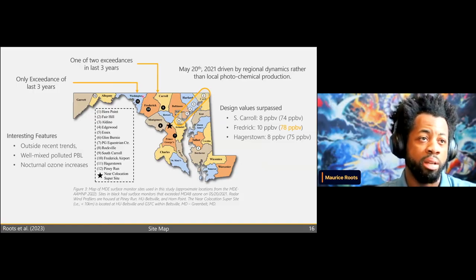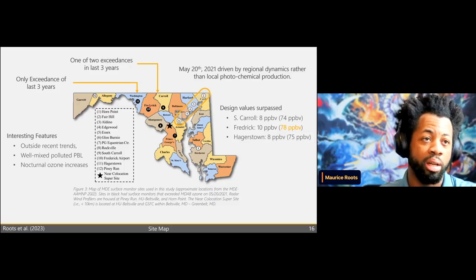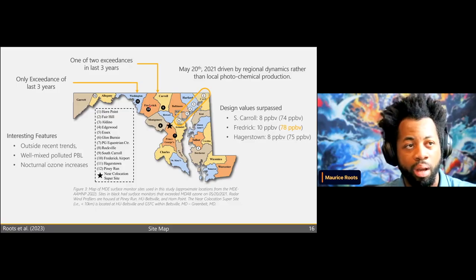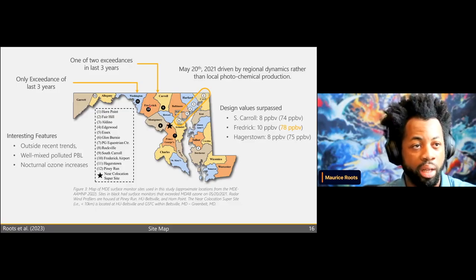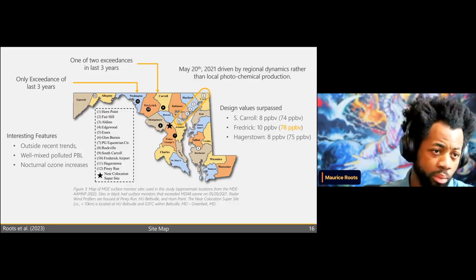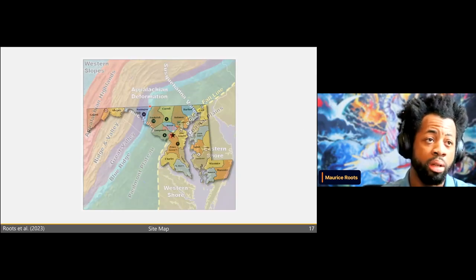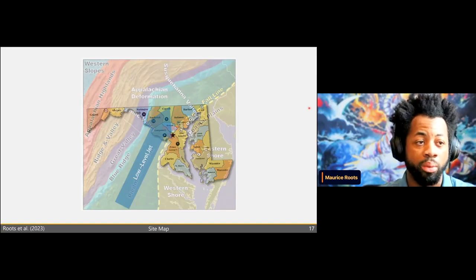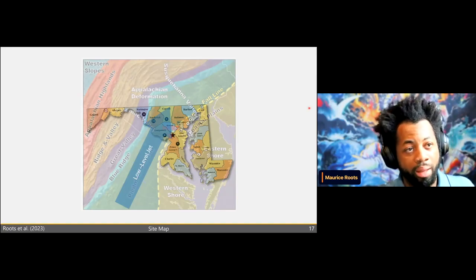And they're leading the exceedance, where Frederick County was reported to exceed up to 78 parts per billion, and the max requirement is 70 parts per billion. An 8-hour average is what we're looking at. Over that time, that's quite a lot for a rural site, and it's sort of unprecedented. But in this situation, I remind you that they're right in line with this low-level jet path.